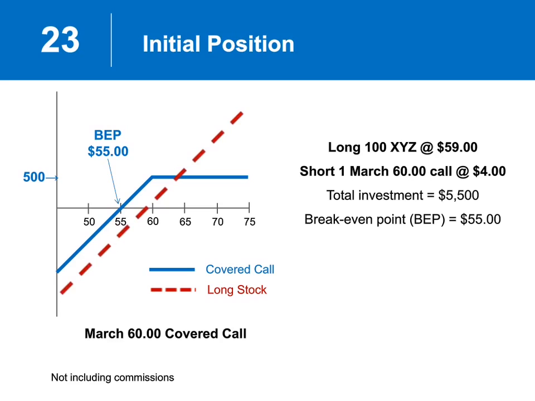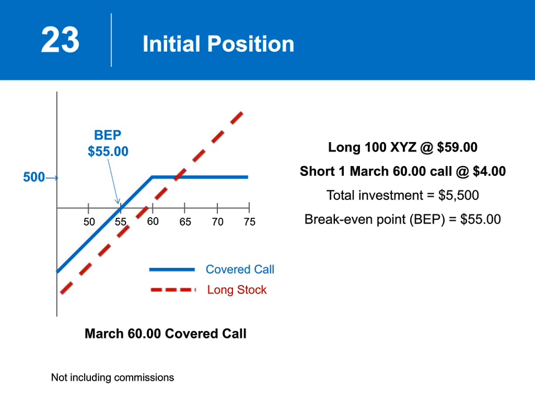Well, why does that blue line go straight across as it does versus the dotted line that goes straight up? That's because we've sold a call, and we've basically sold an obligation to sell stock at $60 plus that $4 of premium.